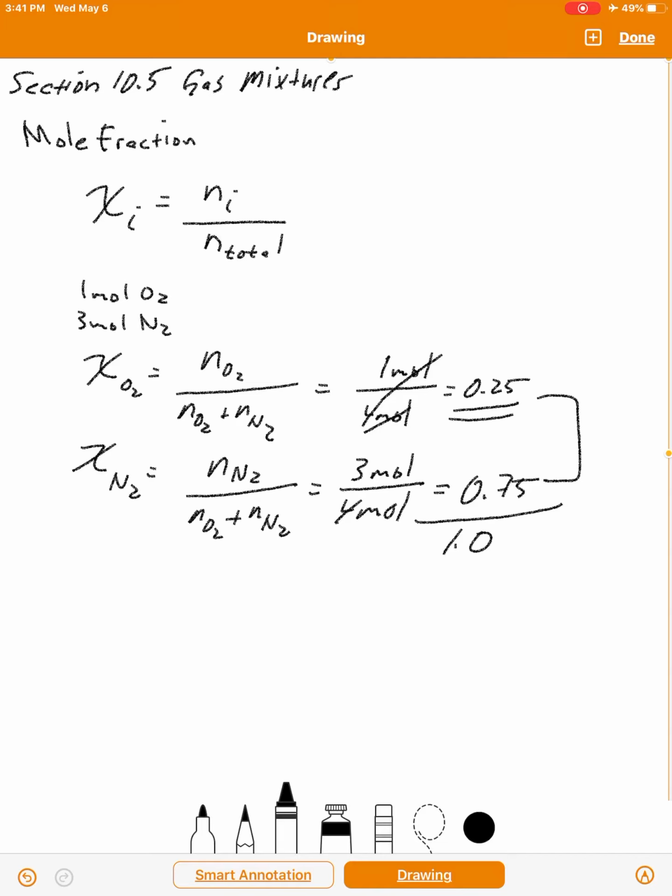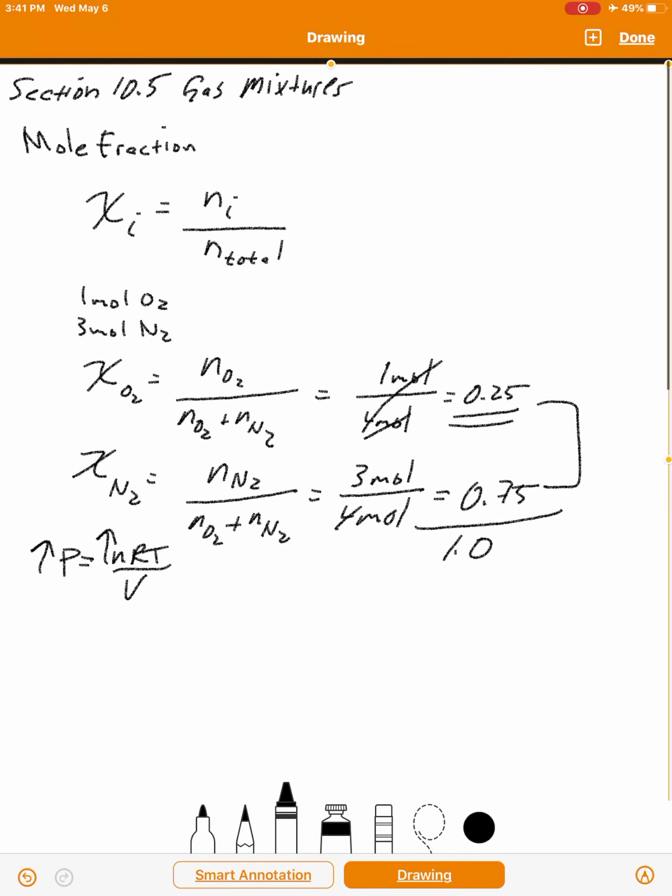Now, what I'm also going to do is make the following claim. Since the pressure of a gas is directly proportional to the number of moles of the gas, right? P equals nRT over V. So as n goes up, P goes up, they're directly proportional to each other.